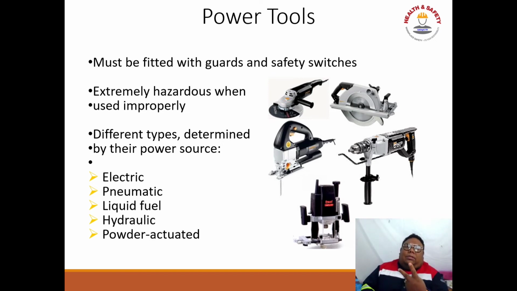Hand tools, guys, assist us in non-major or non-fatal causes of accident. But for power tools, guys, take note: out of a 100% assessment ratio, actually 45% of fatalities are factored from power tools, if you do not work in a safe manner.